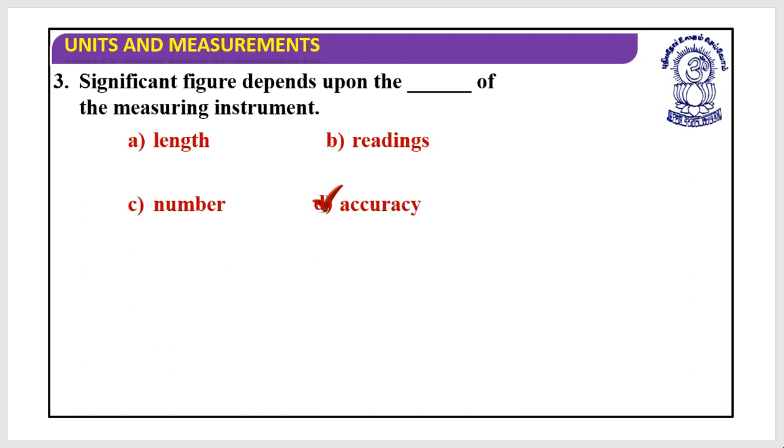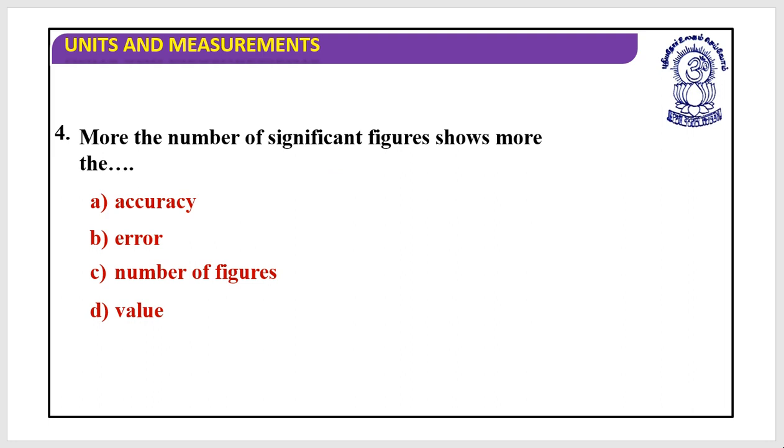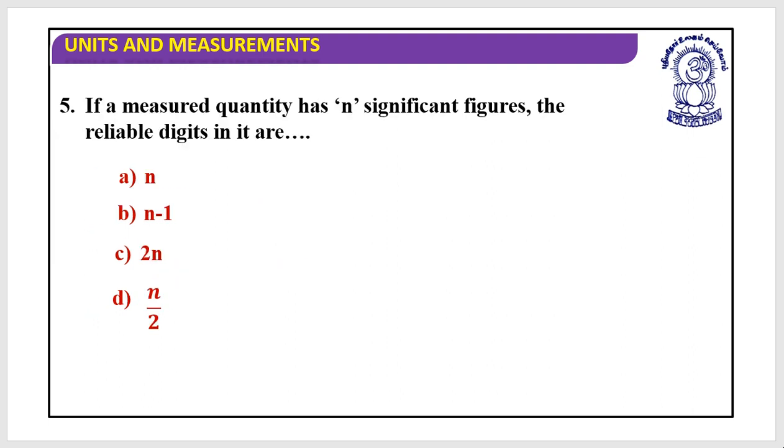Next, significant figures depend upon the accuracy, that we know from the theoretical part. Next, more the number of significant figures shows more what: accuracy, error, number of figures or value? Yes, you thought it right, it's accuracy. Next question. If a measured quantity has n significant figures, the reliable digits in it are n.